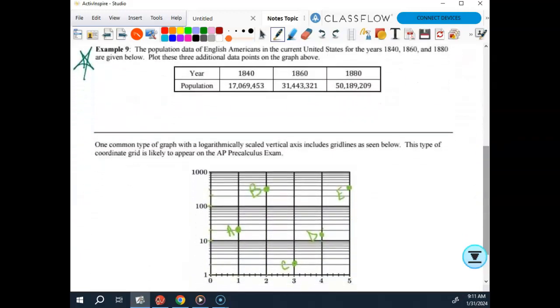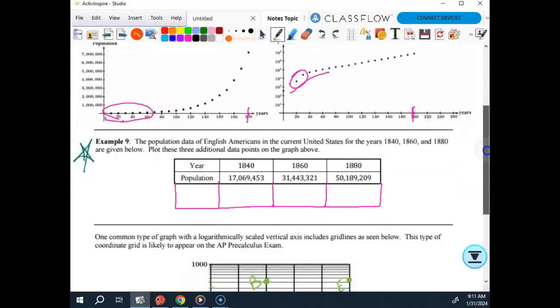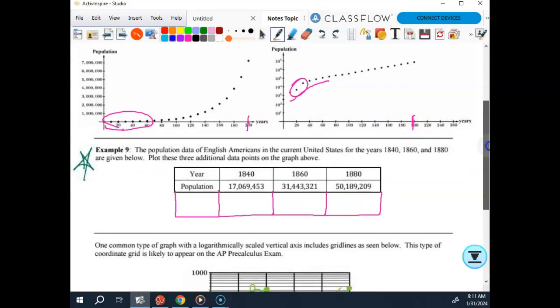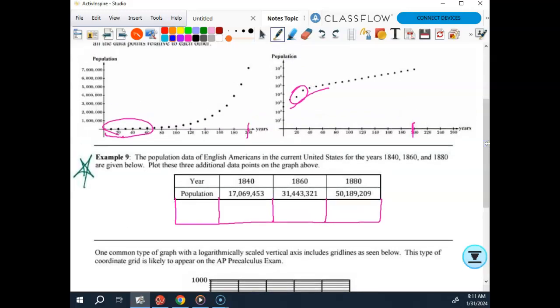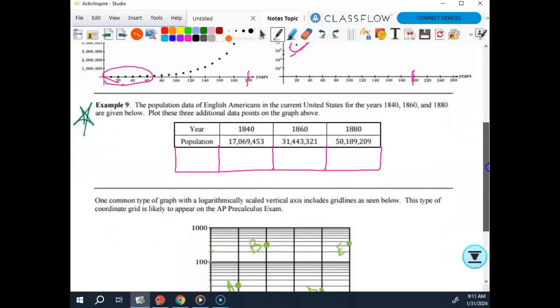We're going to do this so you know how much room you have to write other stuff, because we're going to write something down before we do anything else. Notice up here, because this goes to 10 to the 7th, I'm not going to plot 17 million. If I had to plot 17 million on the left graph, I'd go way off my graph, especially to get to 50 million.